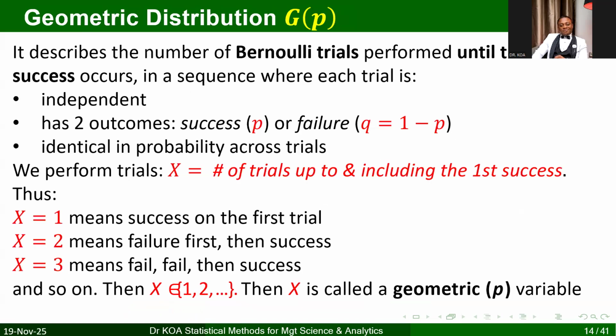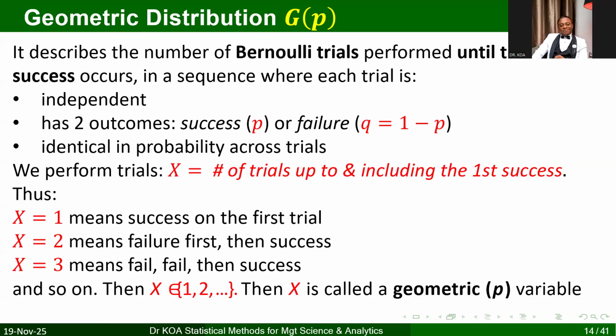Geometric distribution, that's the next one. It describes the number of Bernoulli trials performed until, here's the key word, until the first success occurs, in a sequence where each trial is independent. That's one.